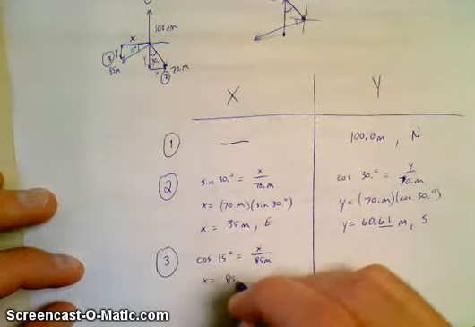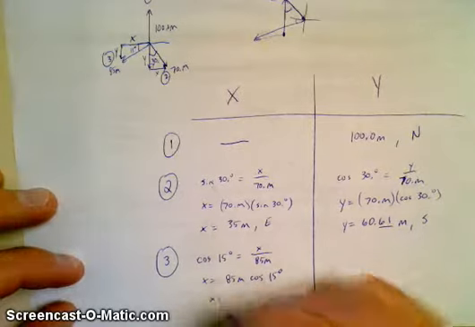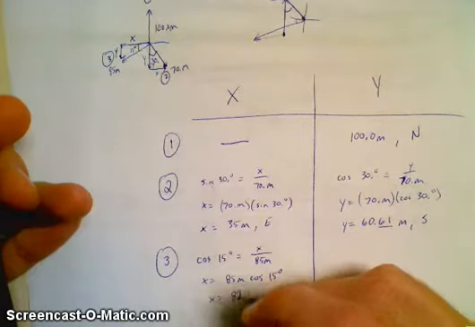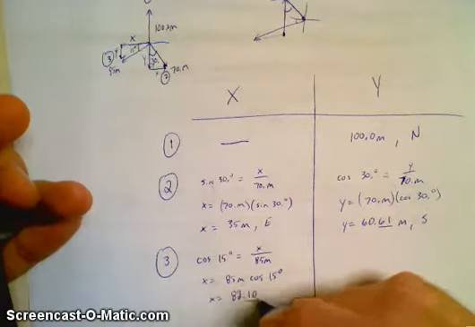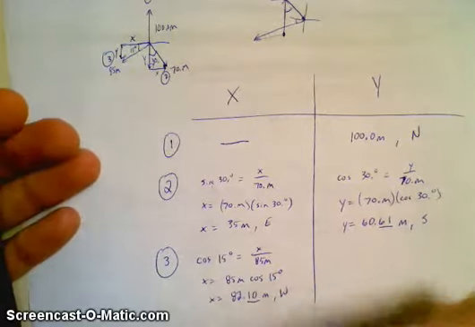X is 85 meters times the cosine of 15 degrees. X equals 82.10 meters. Direction, west.